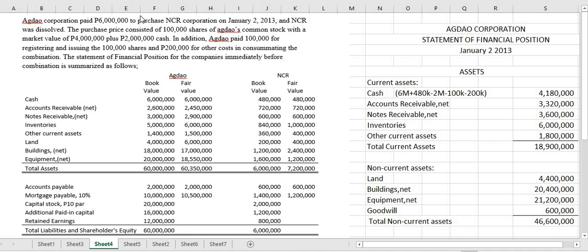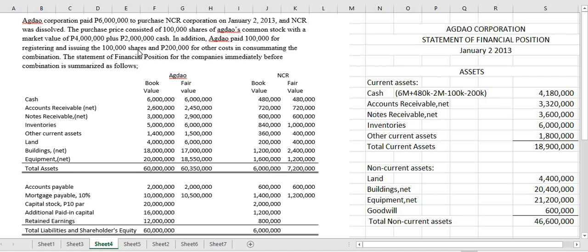Okay. To start, we have here cash. Agdao has cash of 6 million. Then at fair value, cash for NCR is 480,000. But you deduct from cash the 2 million that is part of the consideration, because Agdao paid 2 million to purchase NCR.